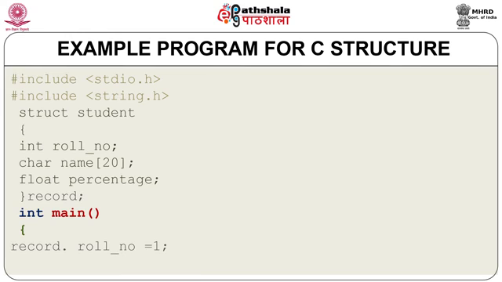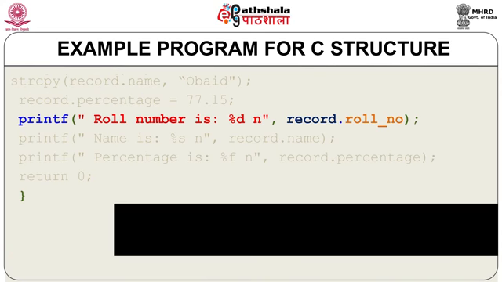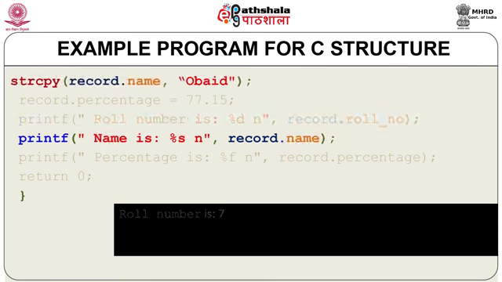Different records are initialized, like student roll number 7 with the dot operator, and roll number is a member of the structure. Printf roll number is %d record dot roll number. This will display the roll number of the student. String copy record name comma Ubaid, and printf name is record dot name.